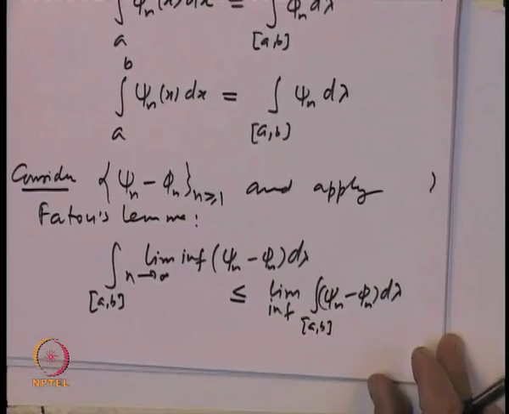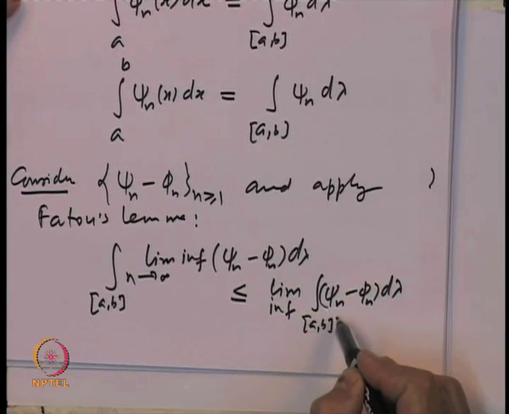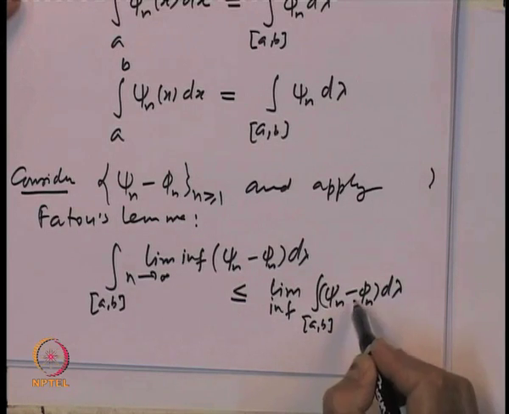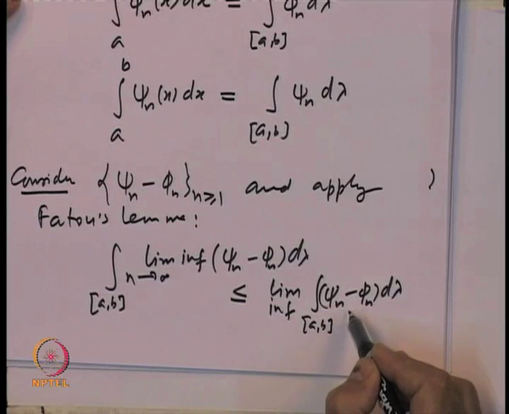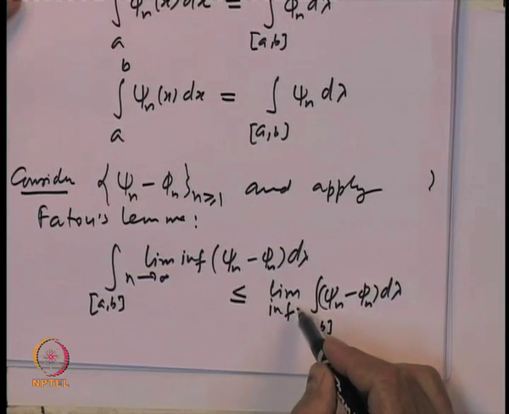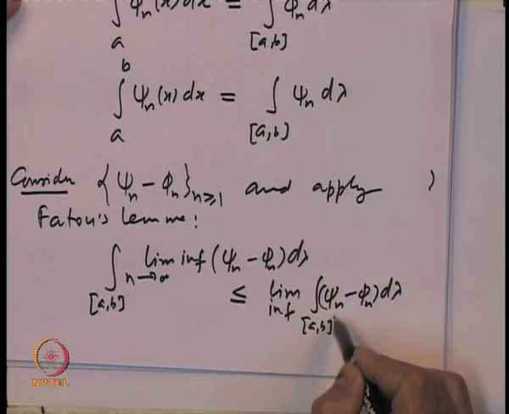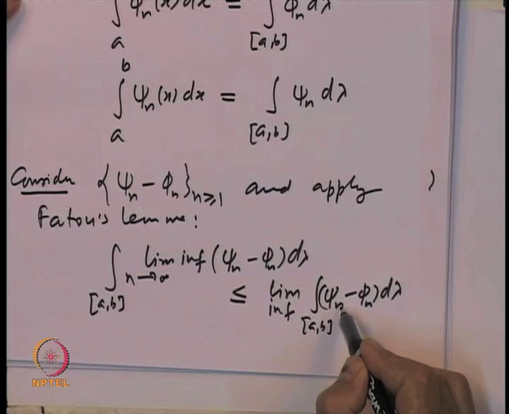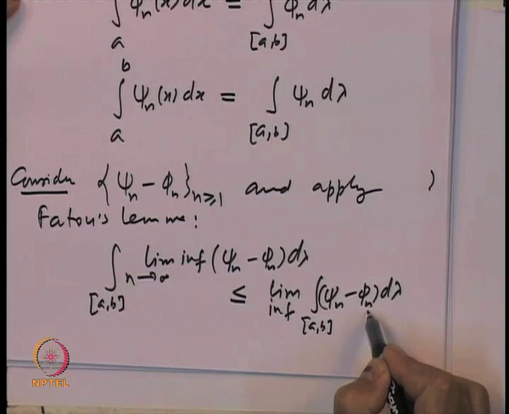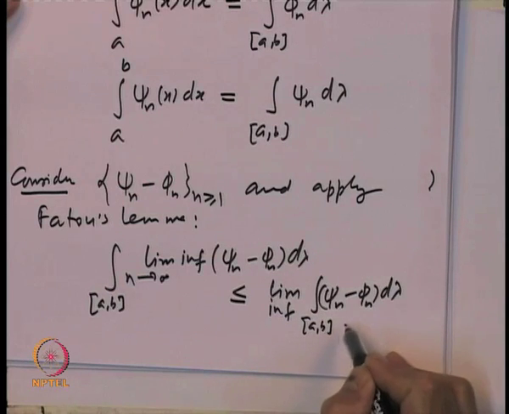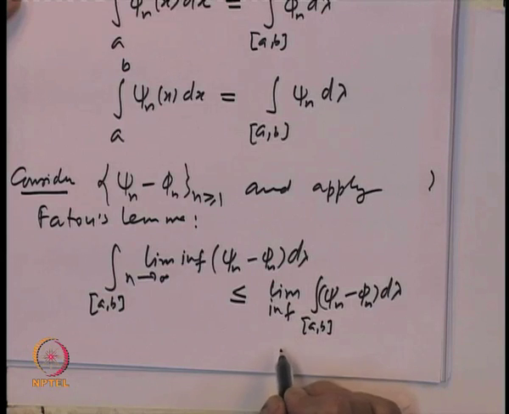But let us observe here that the limit inferior of the integral of psi n over a b minus the integral of phi n over a b is equal to 0, because the Lebesgue integrals of psi n are the same as the Riemann integrals of psi n, and the Lebesgue integrals of phi n are the same as the Riemann integrals of phi n, and those Riemann integrals converge to the Riemann integral of f. So, this right hand side is equal to 0.